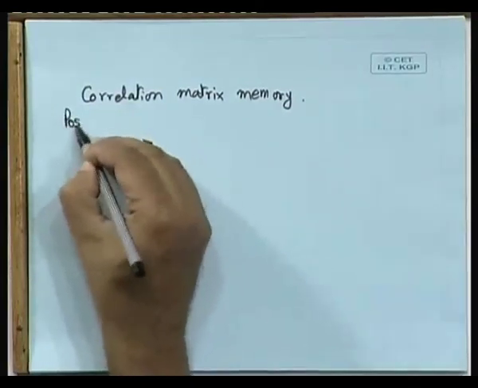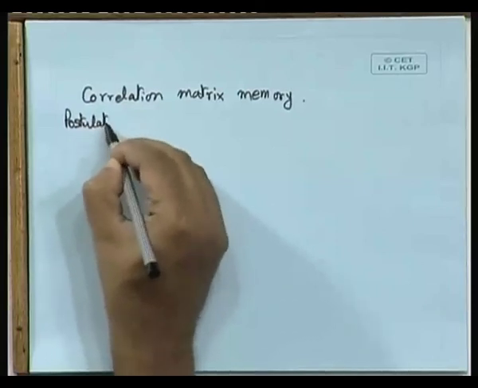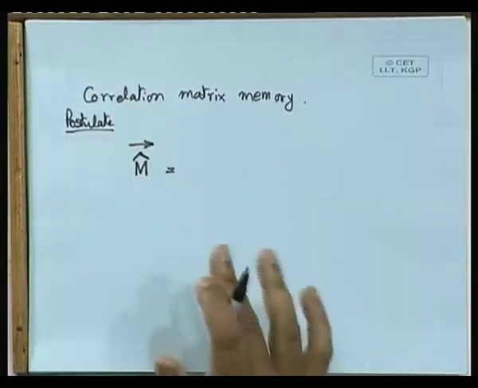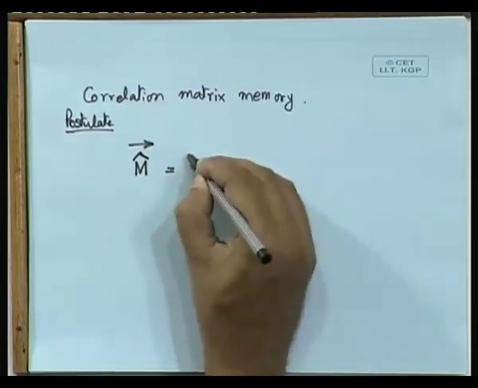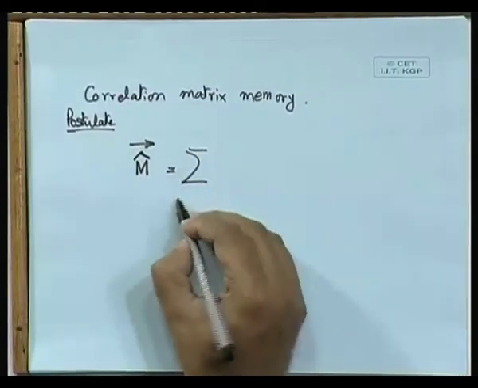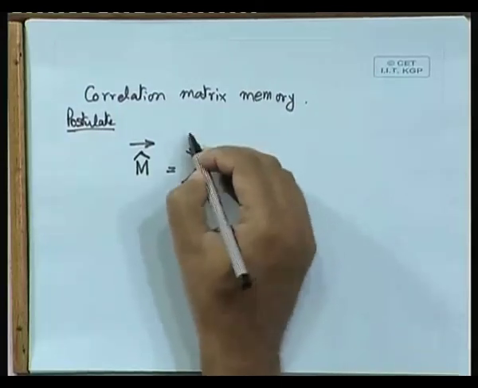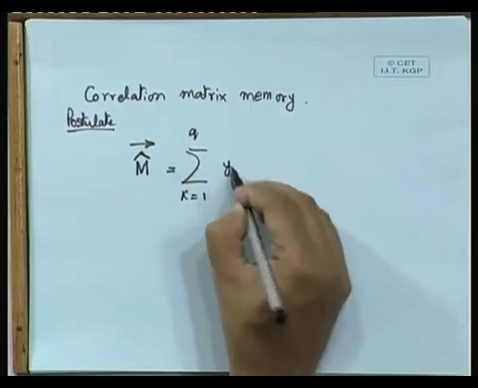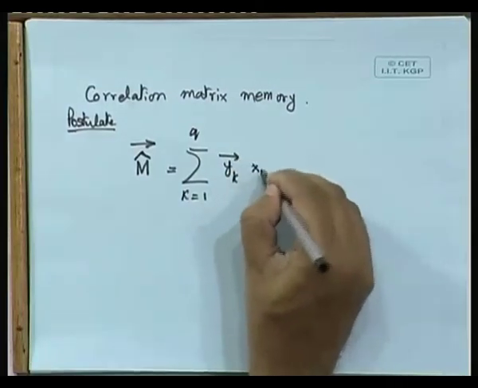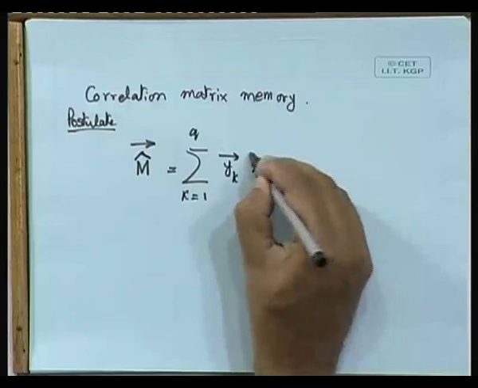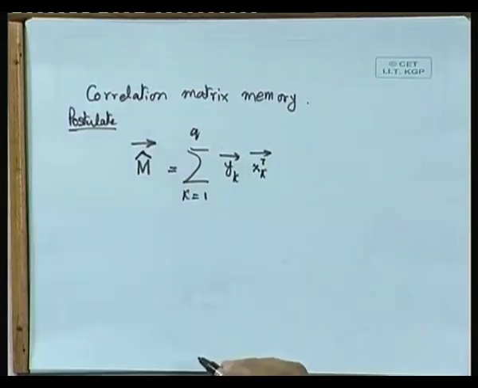This M matrix could be considered as a summation of k equal to 1 to q of yk vector times xk transpose vector.